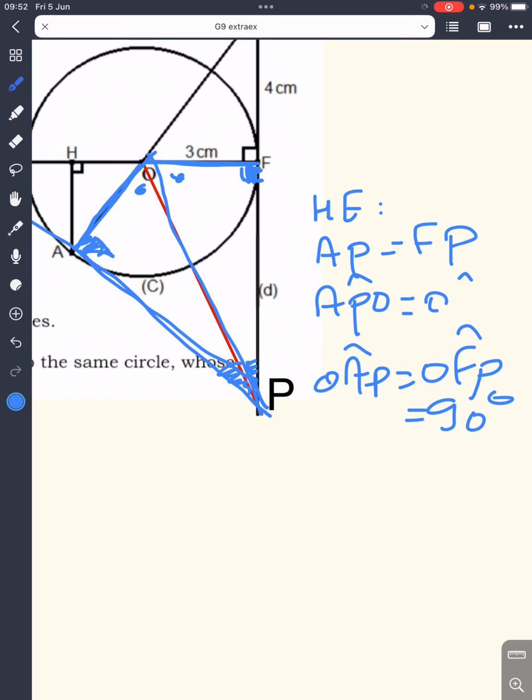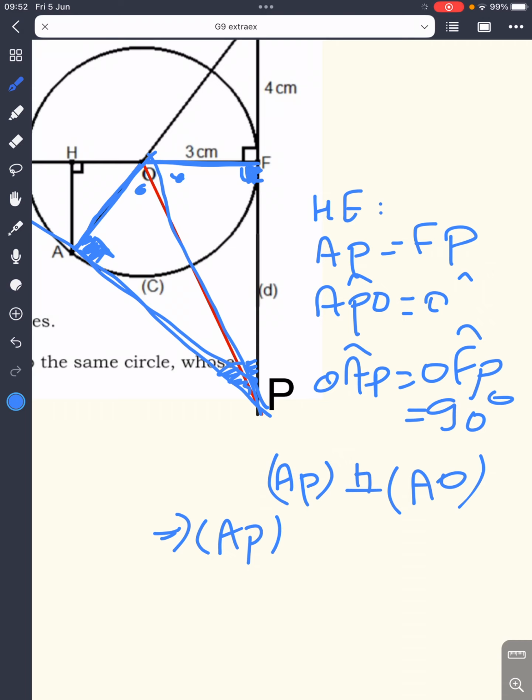This angle is 90, so I can say that AP is perpendicular to the radius, which is AO. Since a line is perpendicular to the radius of the circle, then AP is tangent to circle C at which point? At A, since it's the right angle here.